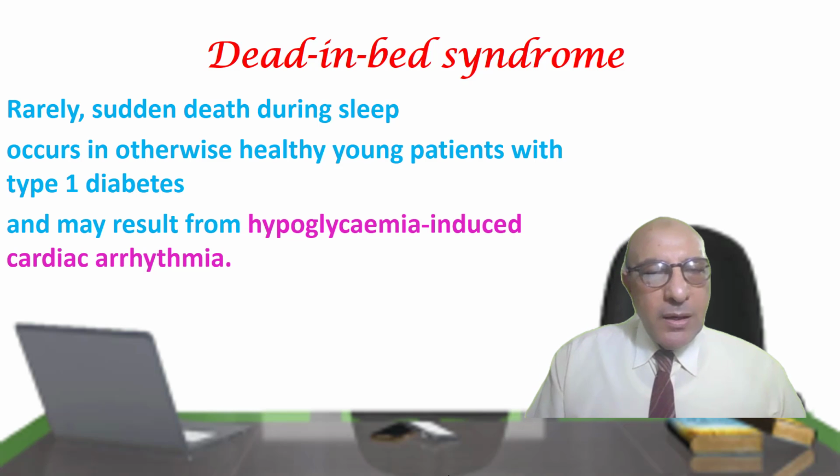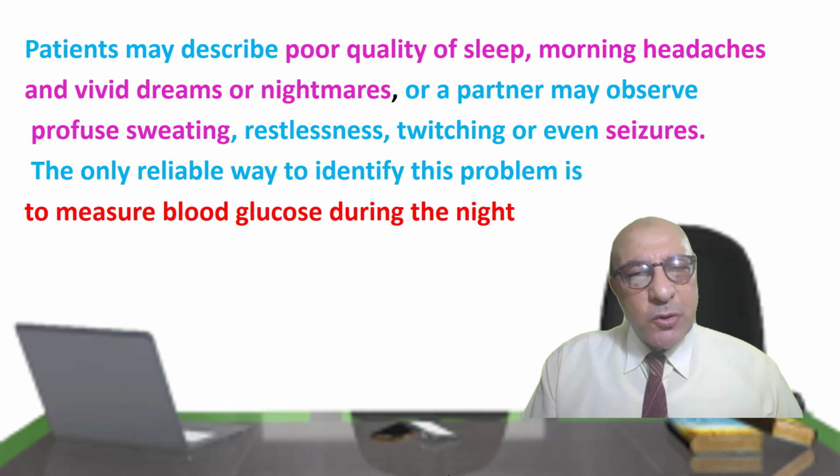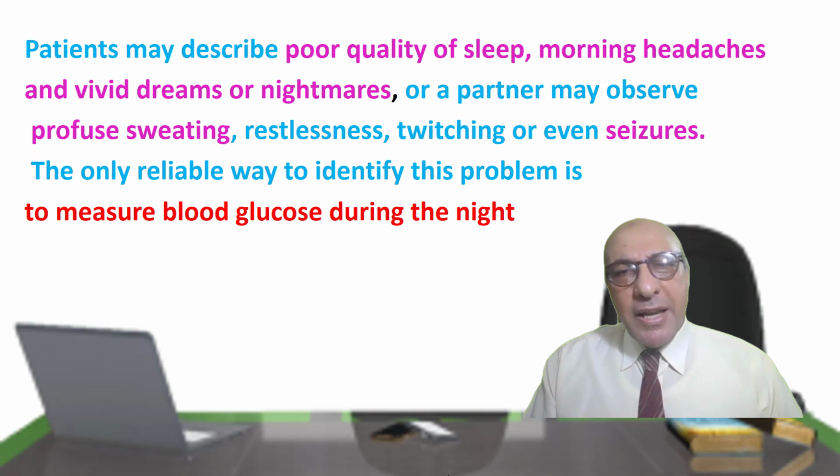Now, how can some patients get symptoms of nocturnal hypoglycemia? They will not get the typical symptoms because they are unaware, but they will get some substitute symptoms like poor quality of sleep, having morning headaches, having vivid dreams or nightmares.